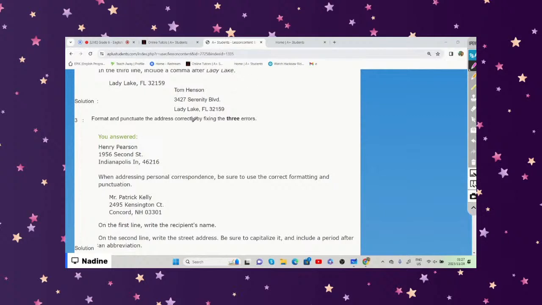So it is directed to Henry Pearson. This is our recipient, capital letters. Then we have our street address, which is the house number, 2nd Street, and ST for street, full stop. I'll put, let's say, period.